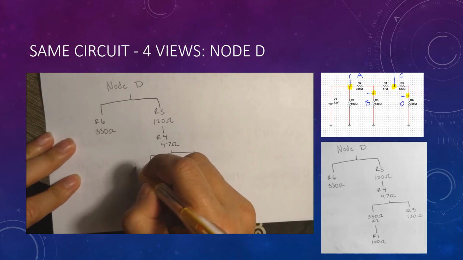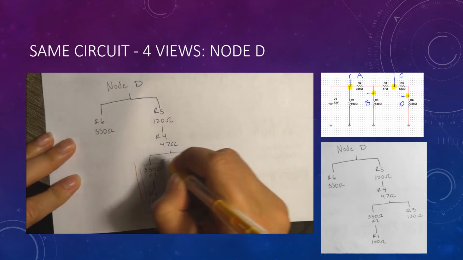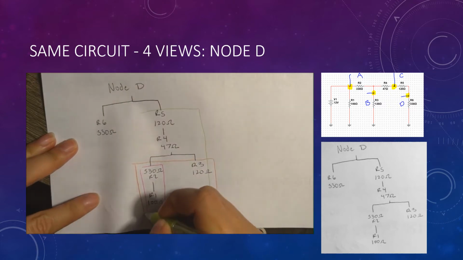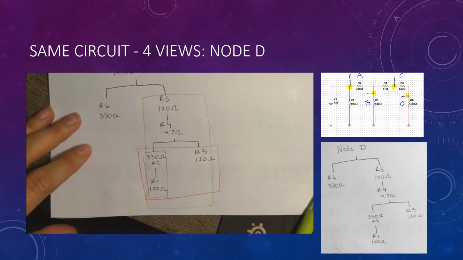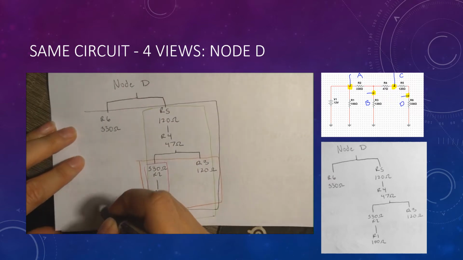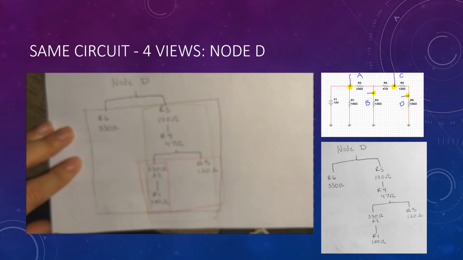Here we'll be solving the series of R2 and R1, the parallel of R2, R1, and R3, the series of R5, R4, and the result of that parallel, and then the parallel of R6 and the result of the previous.